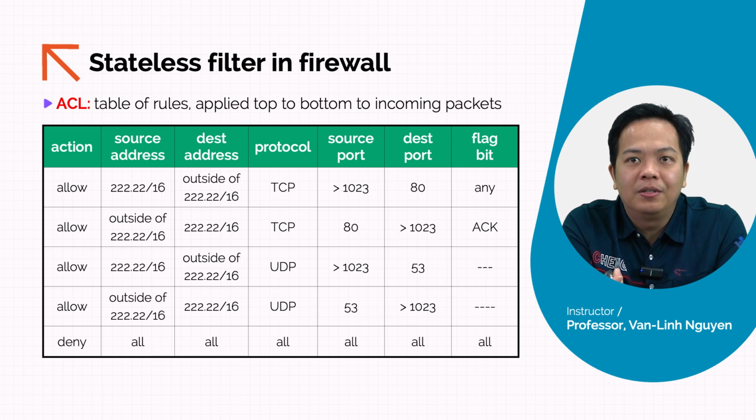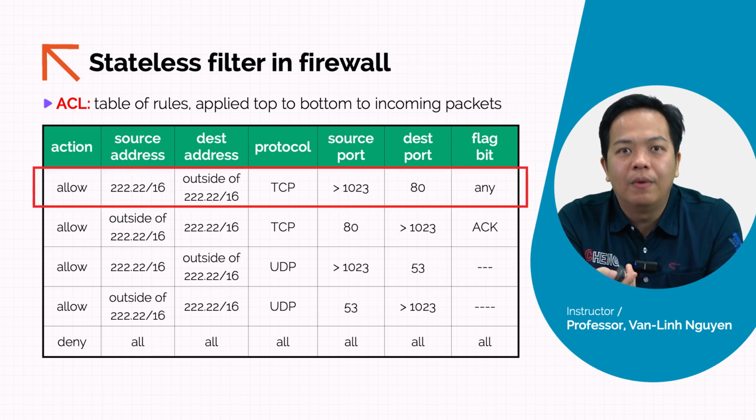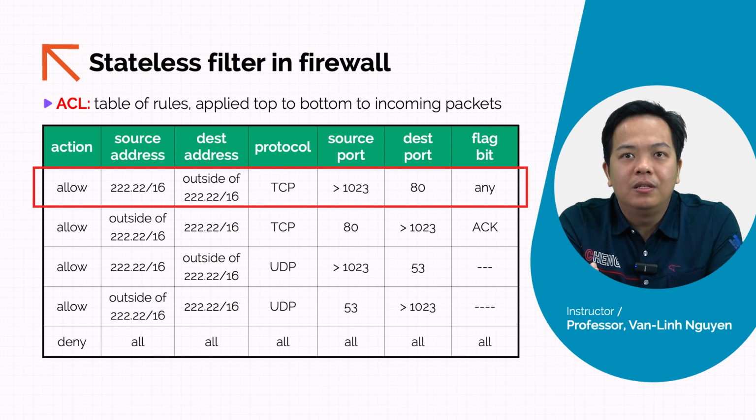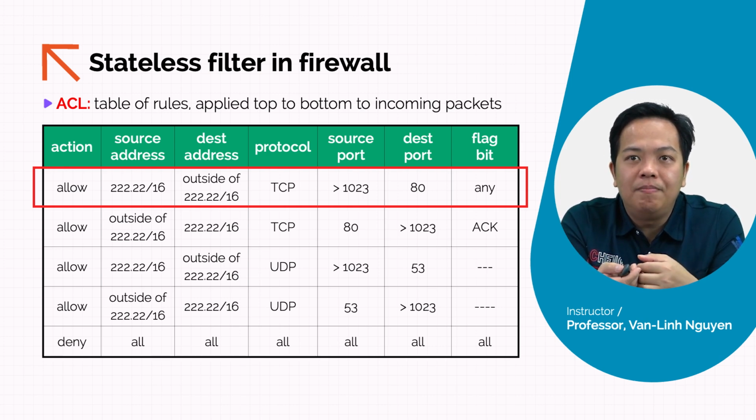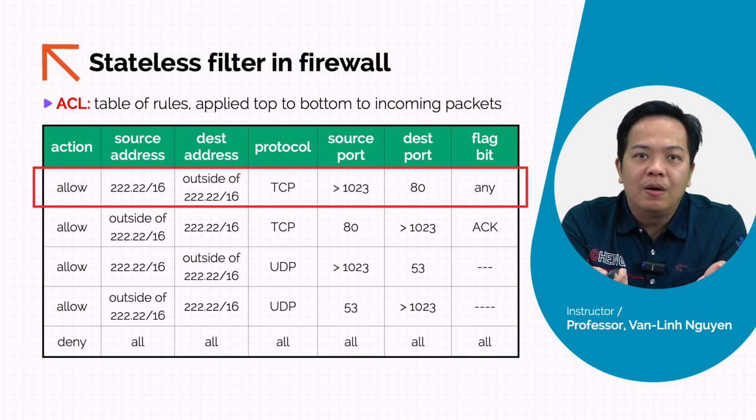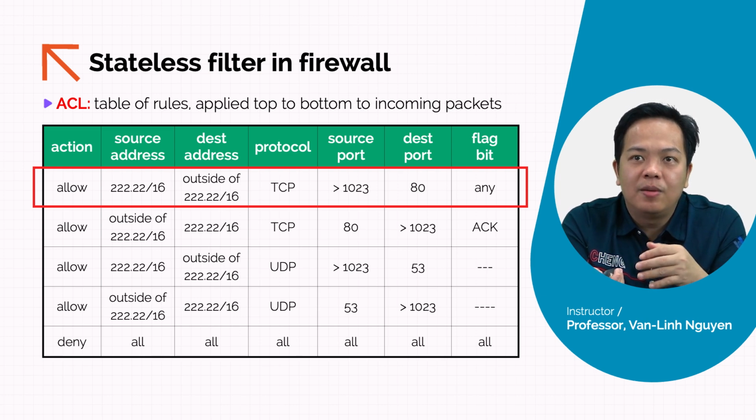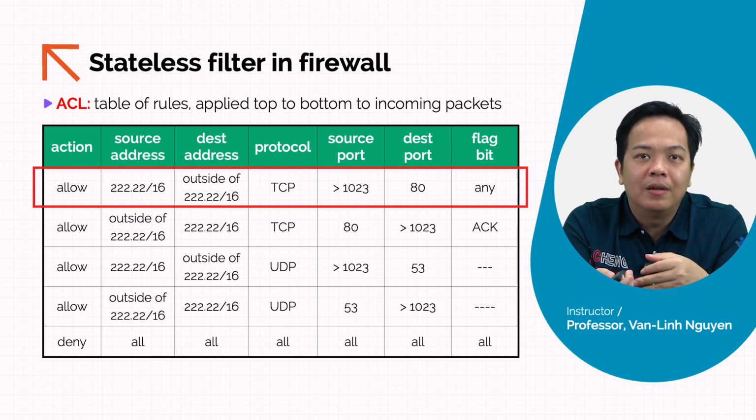The first rule allows a source IP to an outside destination IP, with protocol TCP, source port greater than 1023, and destination port 80. This means we allow web traffic from the outside to access the server, because destination port 80 indicates a website, the web service.